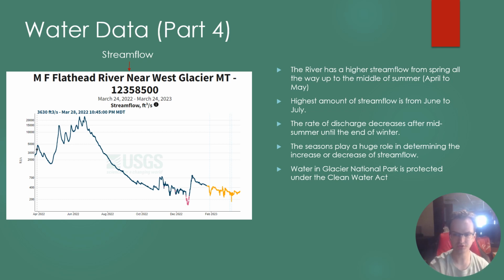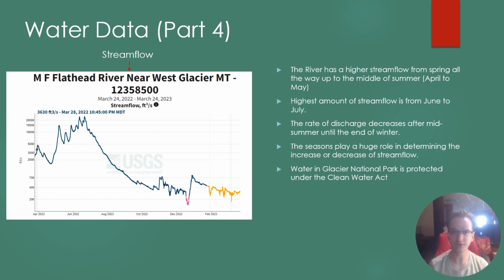And after July, from midsummer to the end of winter, the stream flow just decreases, mainly because snowfall is coming down, there's not as much precipitation occurring, and that water is just kind of staying there until it gets hot enough to melt. So in my opinion, I can determine that the seasons play a huge role in determining if there's going to be a lot of stream flow or not much whatsoever.